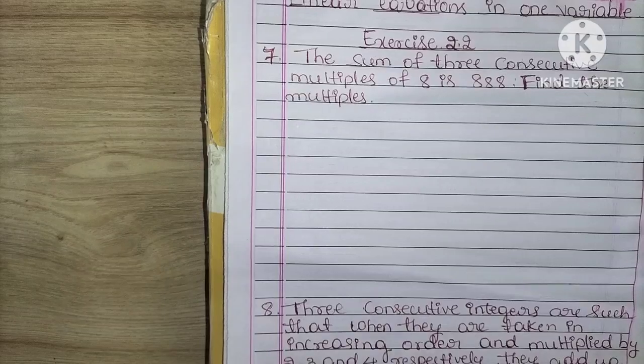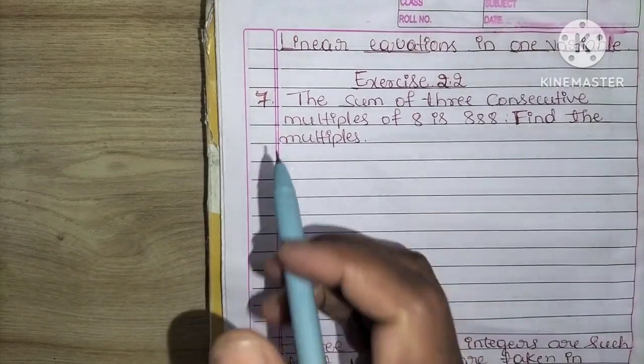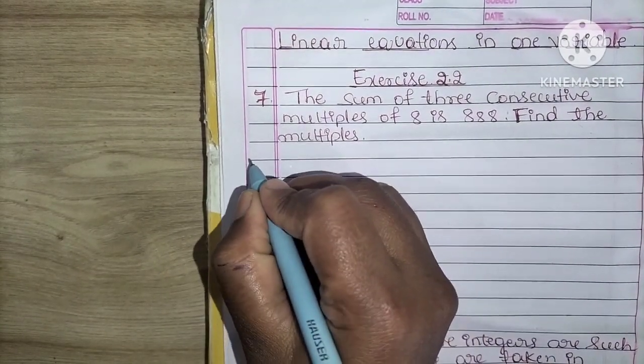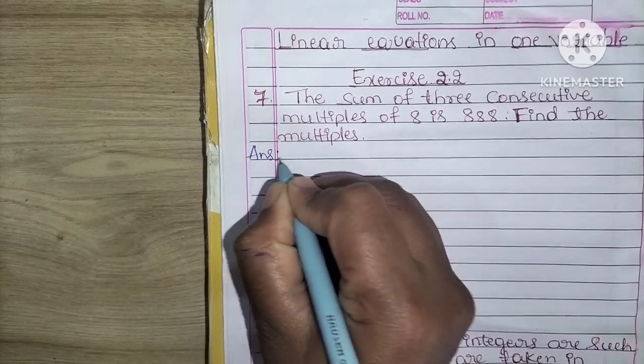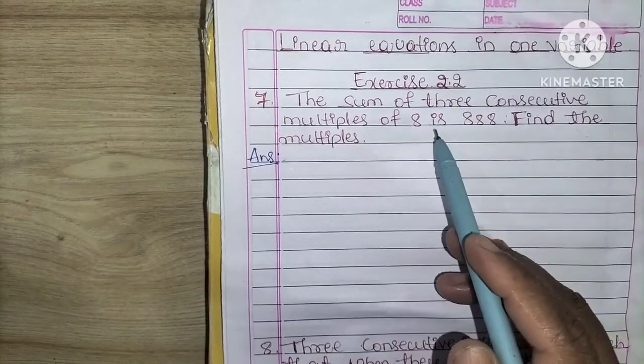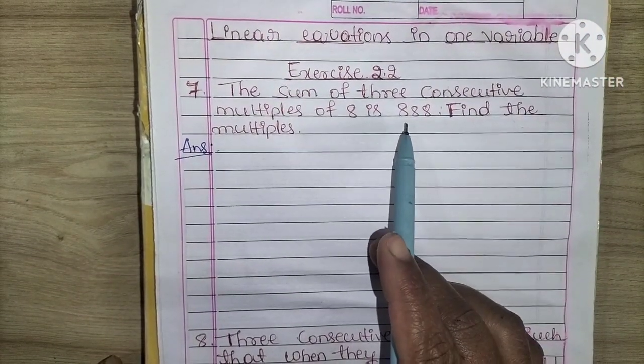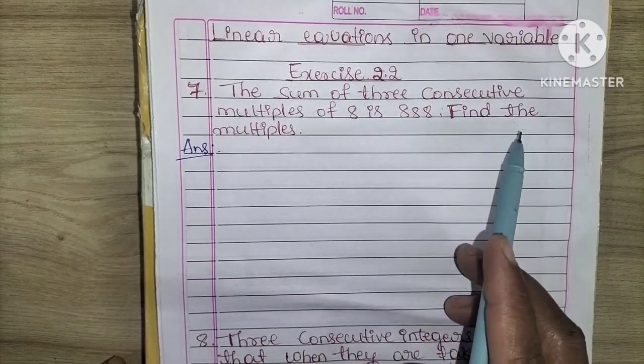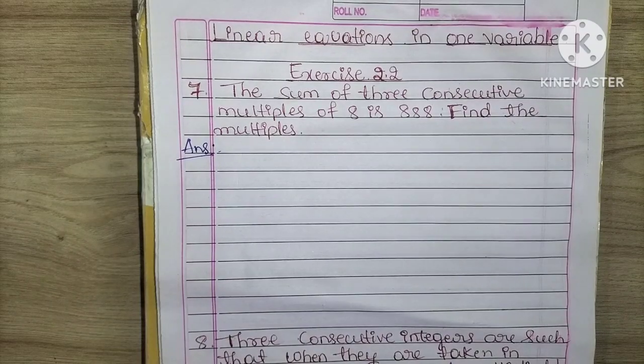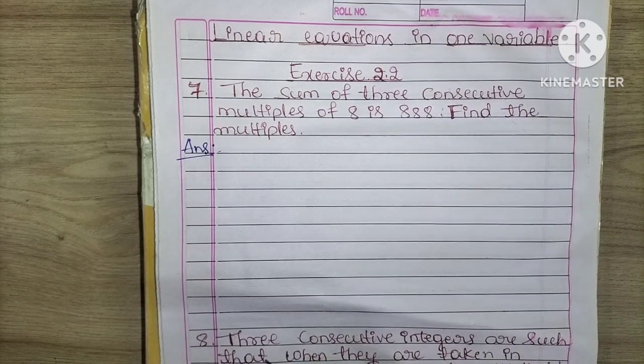Okay. So what is the seventh question here? The seventh question is: the sum of three consecutive multiples of 8 is 888. Find the multiples. They are saying the sum of three consecutive multiples.